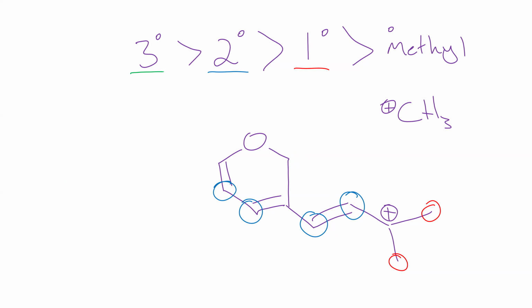Tertiary carbons, if you can see the pattern here, tertiary means it's attached to three other carbons. So putting a positive charge on a tertiary carbon is preferable to putting a charge on a secondary carbon, which is better than putting a charge on a primary carbon. The more carbons around it, the more stable it is.